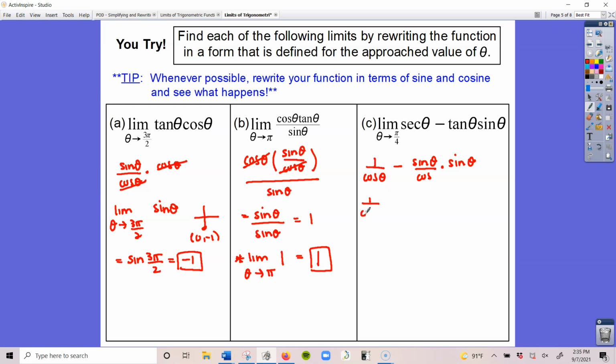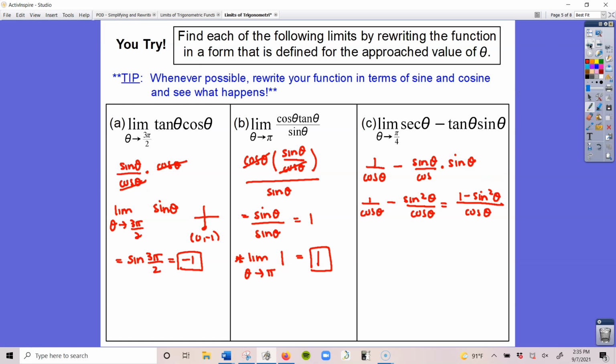We have 1 over cosine theta minus sine times sine, that's sine squared theta, also over cosine theta. Since both of these fractions are over cosine, we can write this as one fraction, where the numerator would be 1 minus sine squared, and everything is over cosine. 1 minus sine squared, this is a Pythagorean identity.